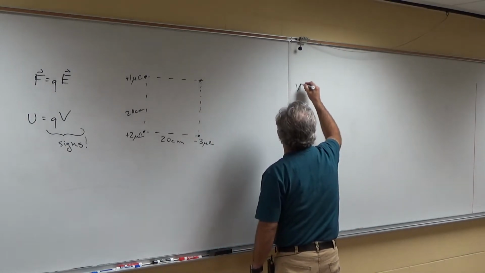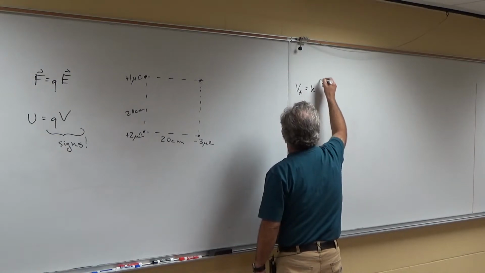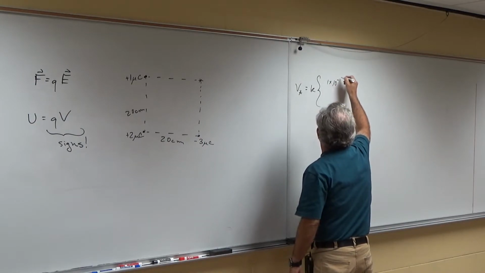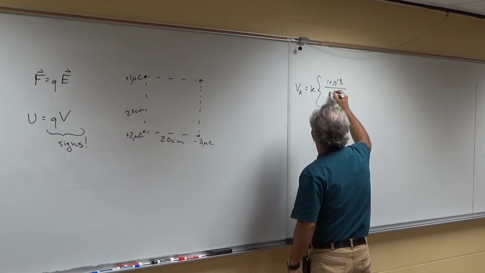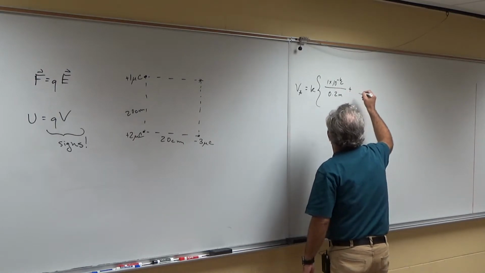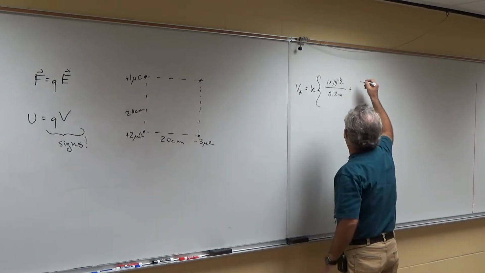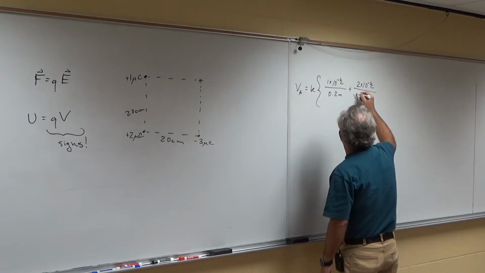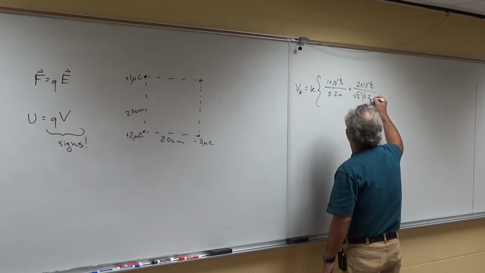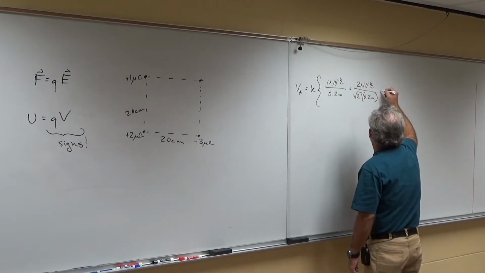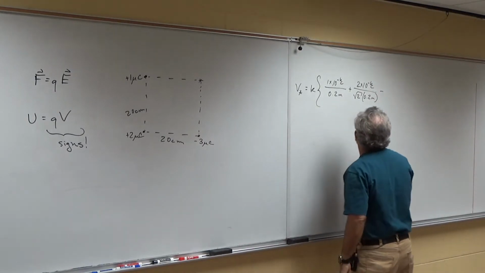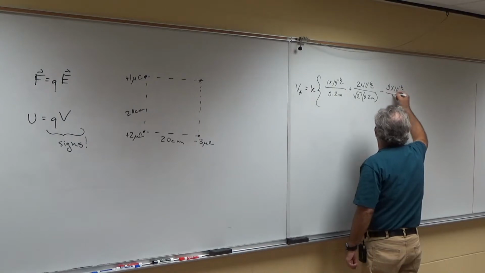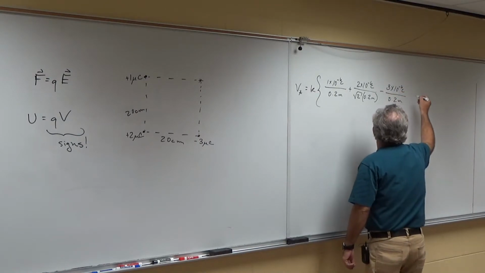So V star is equal to K times 1 times 10 to the -6 coulombs divided by 0.2 meters, plus 2 times 10 to the -6 coulombs divided by square root of 2 times 0.2 meters, minus, because there's a negative here, 3 times 10 to the -6 coulombs divided by 0.2 meters.